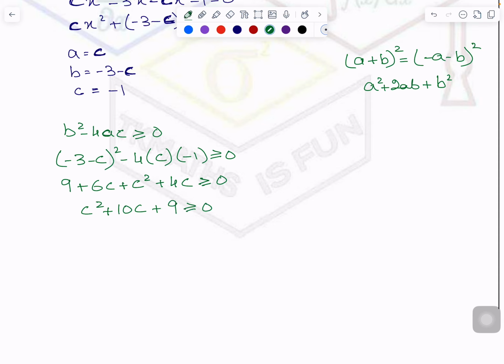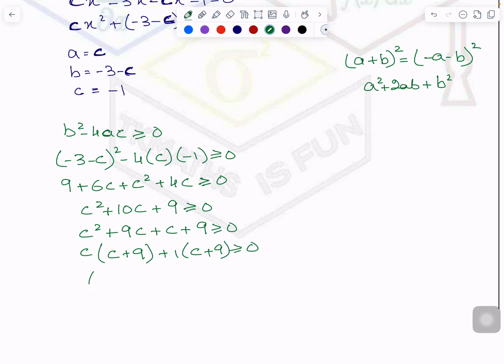Now you will factorize it. So it will become c square plus 9c plus c plus 9, which is c plus 9 times c plus 1 greater than or equal to 0.